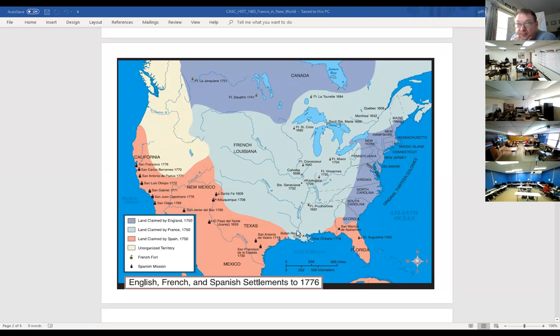Also for France, everything west went to Spain. So France was really the loser in this treaty. So after that long war, Britain's holdings have more than doubled when it comes to the North American continent, specifically the United States of America area.